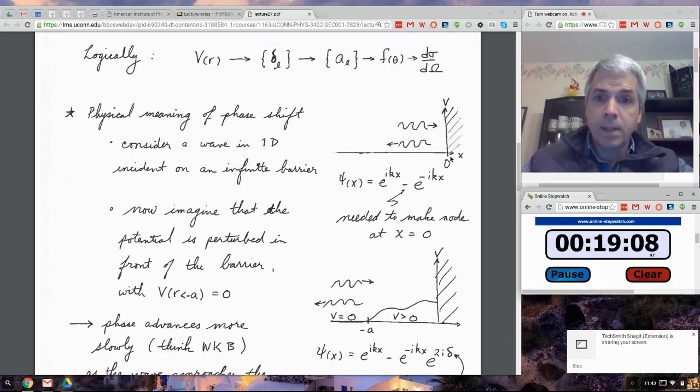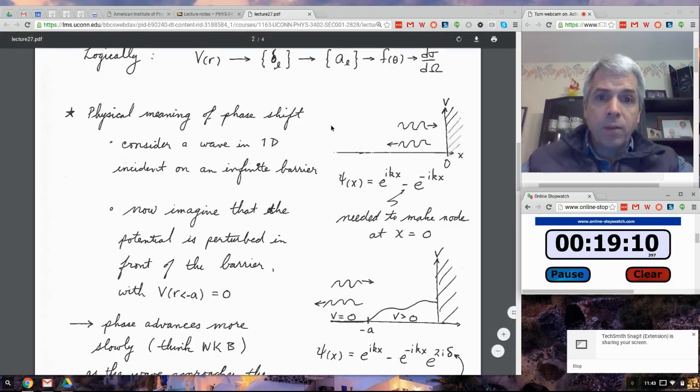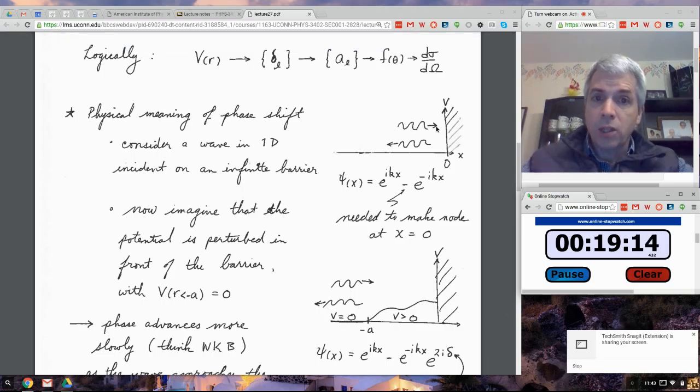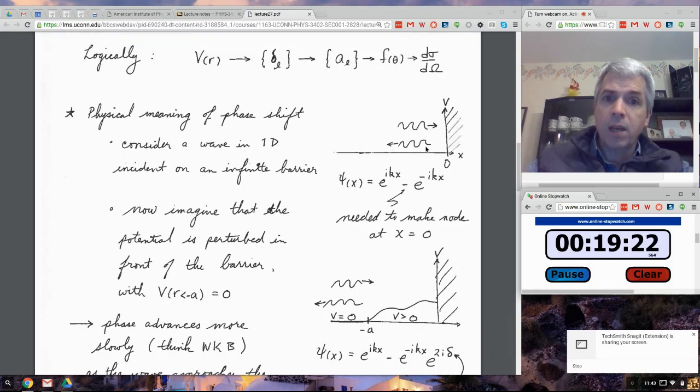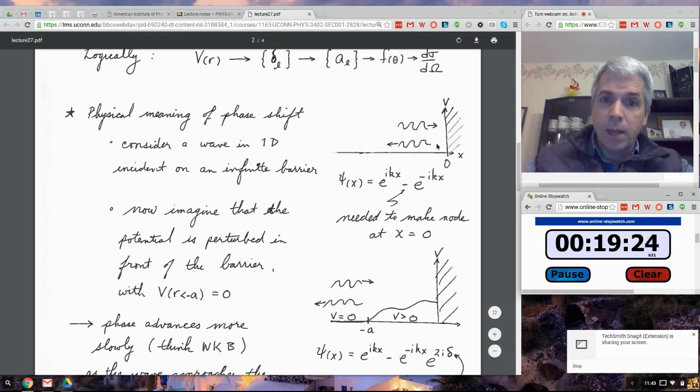The incoming wave, now, in the next section of this discussion, is going to be the same. What's going to be modified, as we'll see, is the reflected wave, but only in a certain way. There's a kind of minimal modification that happens.